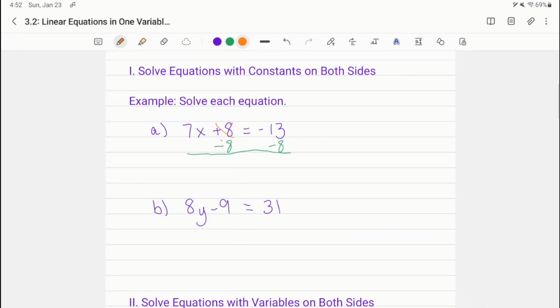Then the 8 and minus 8 cancel out, and we're left with 7x equals negative 13 minus 8, which is negative 21. Then we get x by itself by dividing by 7. So the 7's cancel out, and we're left with x equals negative 3.